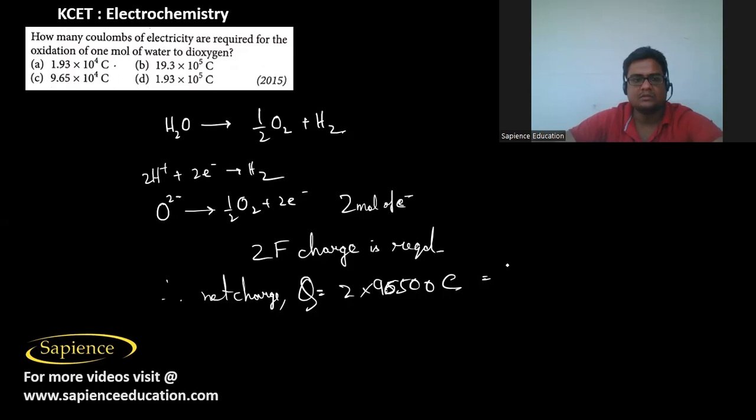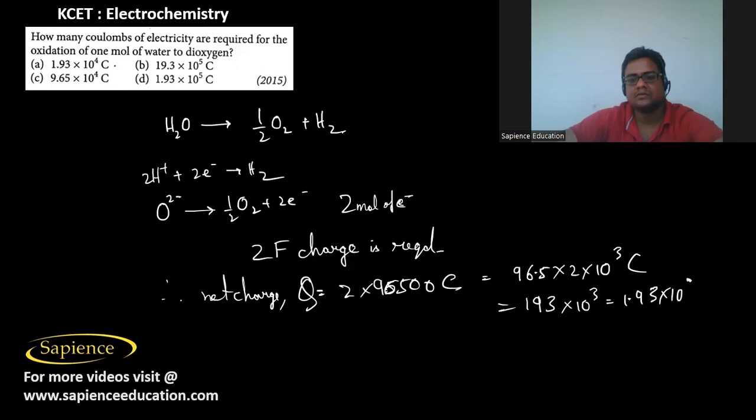So this will be equal to 96.5 into 2 into 10 power 3 coulombs. So this will be 193 into 10 power 3, or I can say 1.93 into 10 power 5 coulomb. So option D is the correct answer.